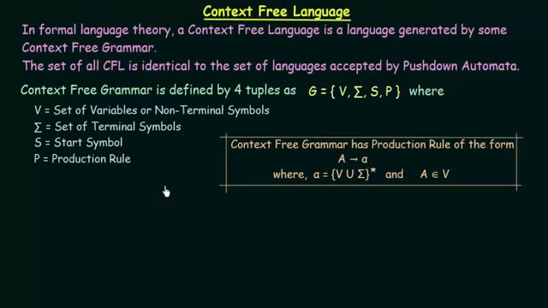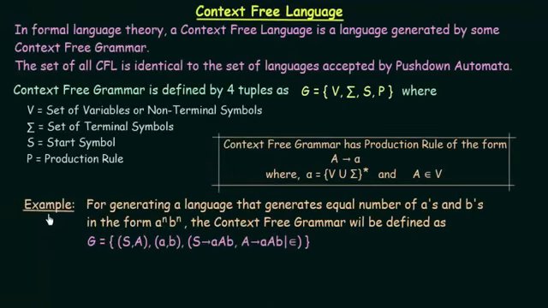Now let us take a simple example to understand it in a better way. Here we have an example: for generating a language that has an equal number of a's and b's in the form a power n b power n.